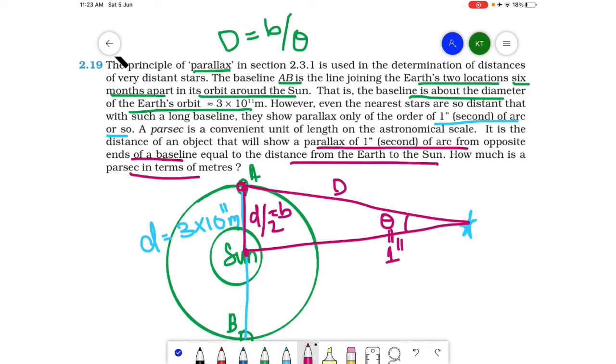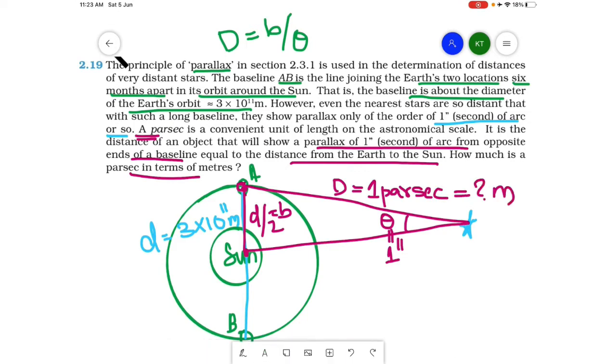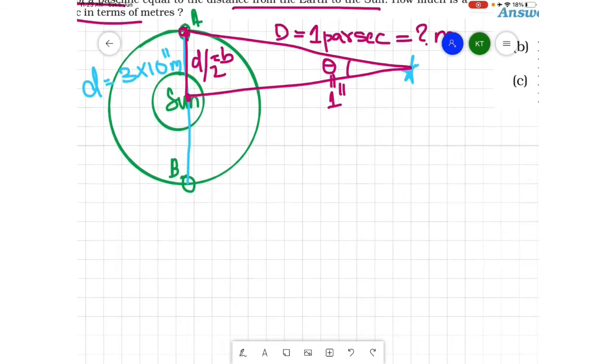Okay, so they've given a parsec is a convenient unit of length. It is the distance of an object that will show a parallax of 1 second of an arc from opposite ends of the baseline. So they say a parsec. So actually d is equal to 1 parsec. But we need this in meters. We need to know how much is this in terms of meters, right?